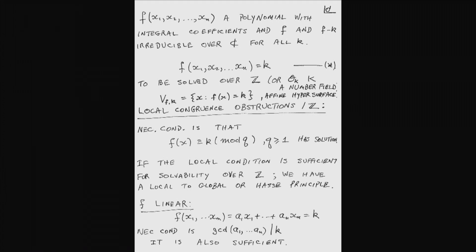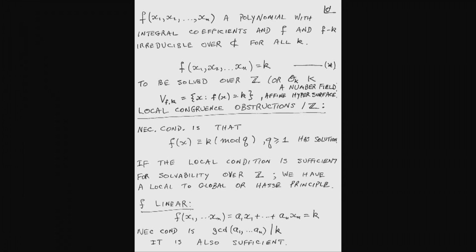I will assume throughout that f is irreducible, absolutely irreducible, and even f minus k is absolutely irreducible, for the reason that we'll be looking not just at f equals a fixed k, which would be the main interest, but we'll allow k to vary because in many problems, like which numbers are sum of 3 cubes or which numbers are sum of 3 squares, that would be the setup.